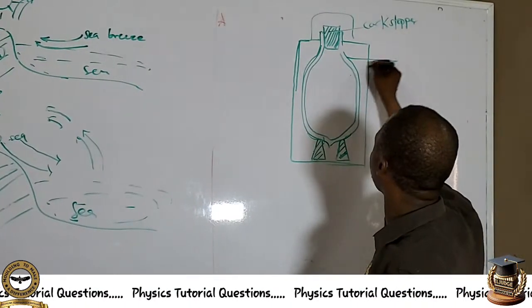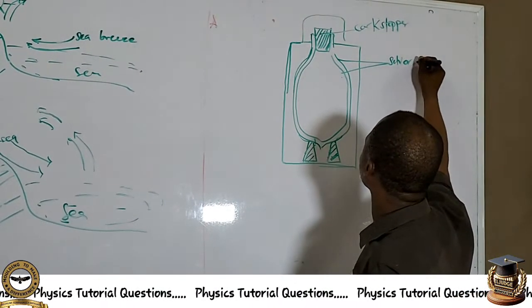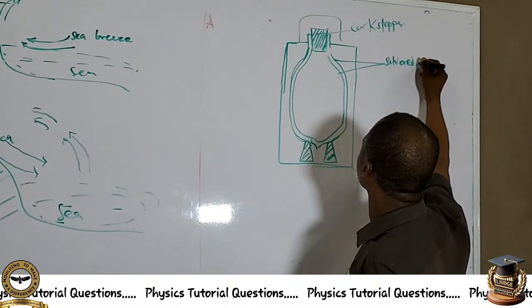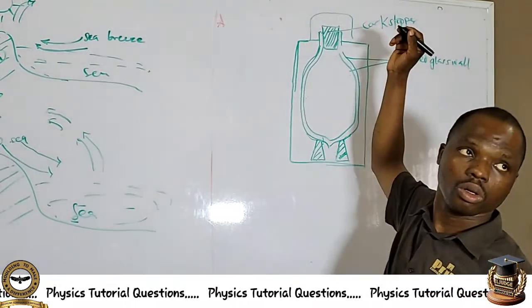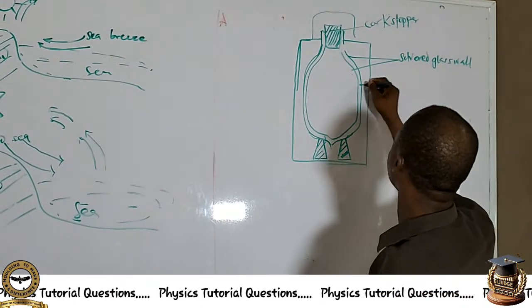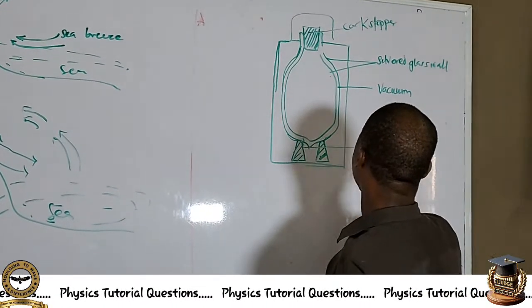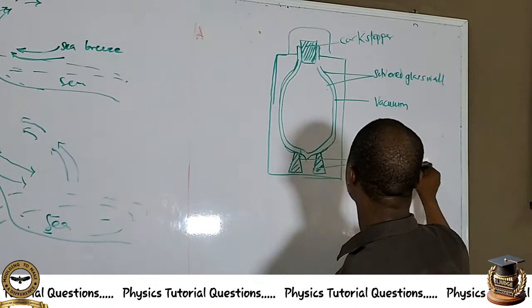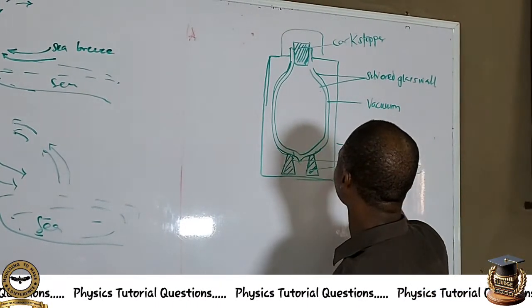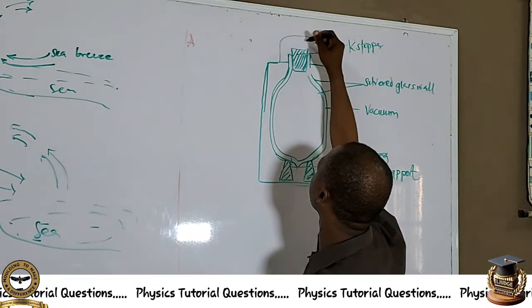This is the double silvered wall, silvered glass wall. Then we also have the vacuum. We have the cork support. And we have the casing too. We have the lid cover.